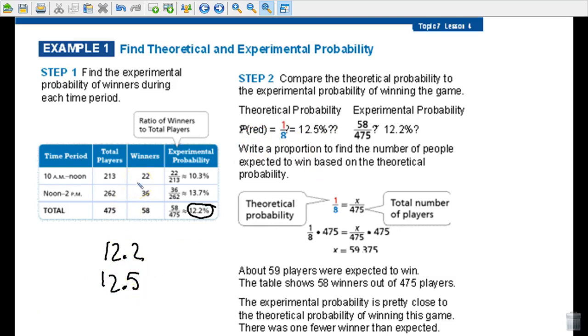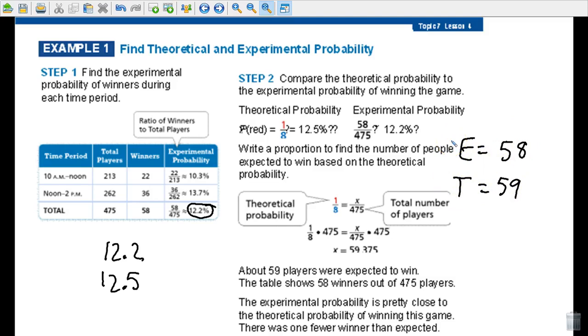So that means we thought there would be more winners. When we compare the experimental result of 58 winners to our 59 winners, this is theoretical, this is experimental. Experimental is after it's all worked out.